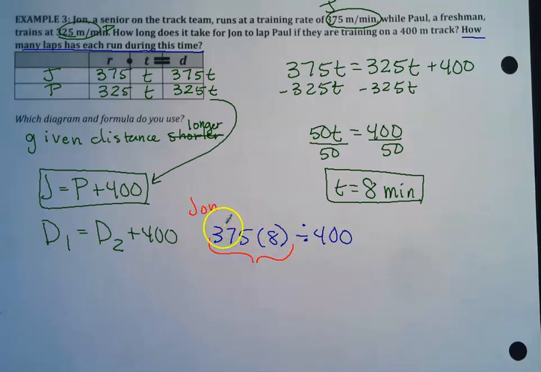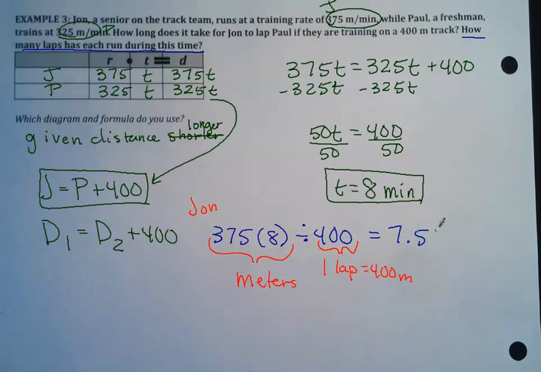If we take the 375 meters per minute and we say he ran for 8 minutes, that's going to give us how many meters he ran in 8 minutes. And we're dividing by 400 because 1 lap equals 400 meters. So you're saying this is equal to 7.5? All right, that would be correct.